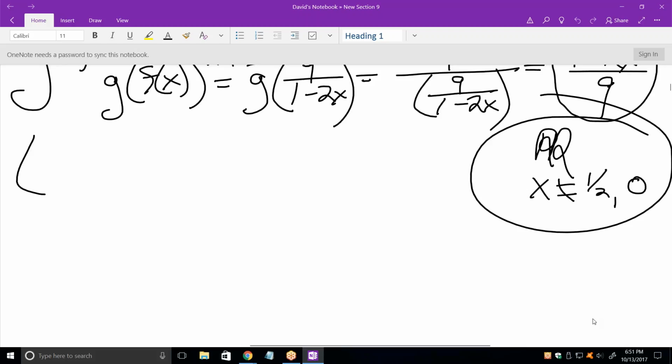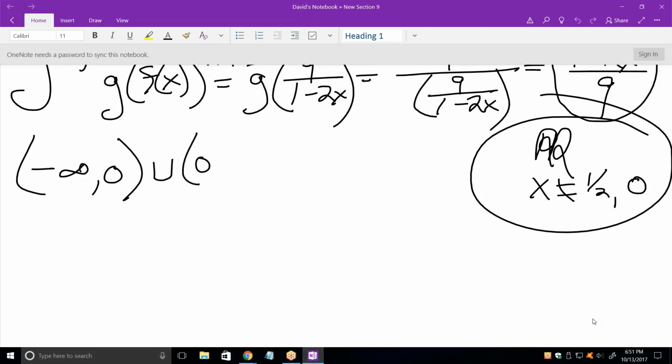So would you have parentheses, union, parentheses? Start from the far left. Okay, so we have negative infinity, correct? To what? And then 0. Good. Parentheses or bracket? Parentheses. What next? And then the union. And then parentheses 1/2, infinity? No, pick up where you left off.